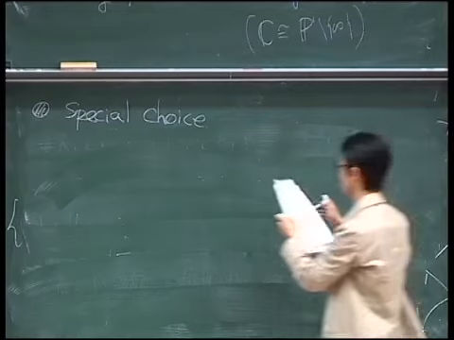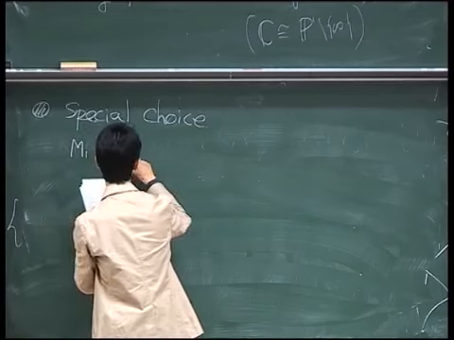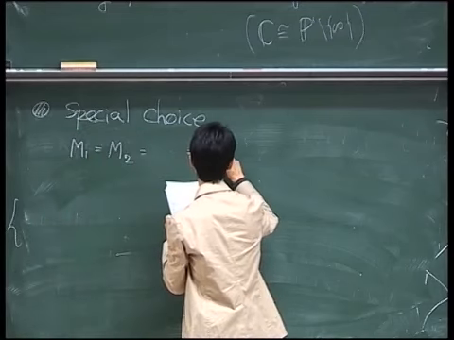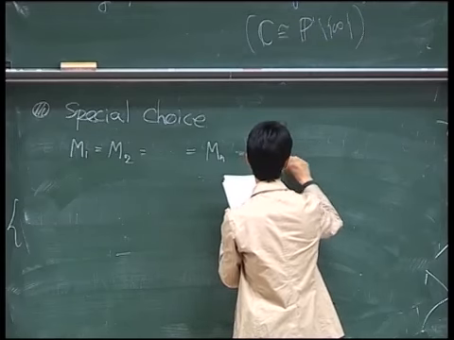Namely, we take M1, M2, Mn all equal to B hat kappa.